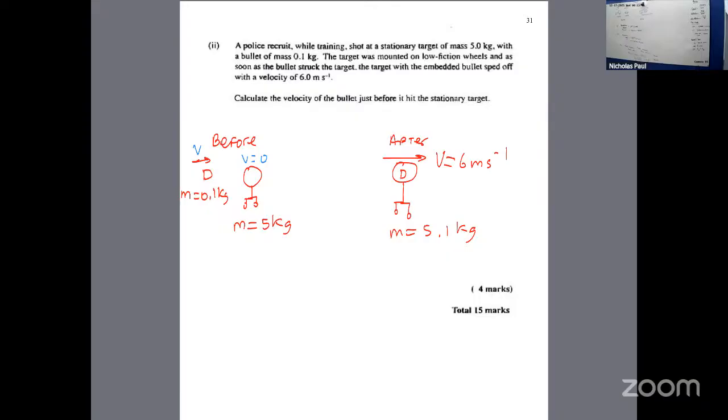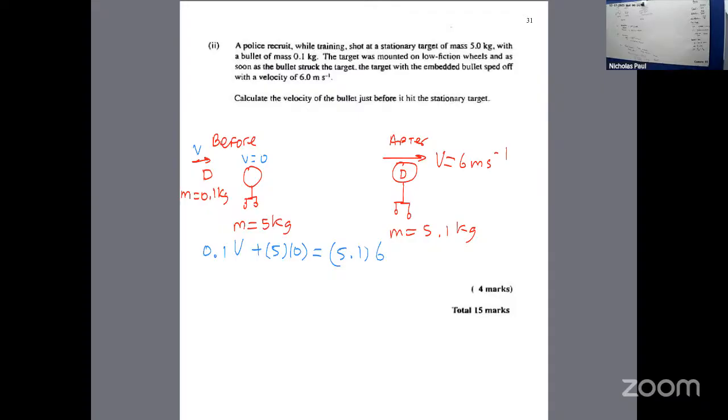So the total momentum before would have been 0.1 multiplied by v plus 5 multiplied by 0. Momentum after will be 5.1 multiplied by 6. Right? Why do I have 5.1? Because I add the 5 and I add the 0.1.